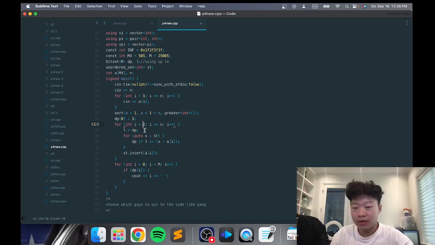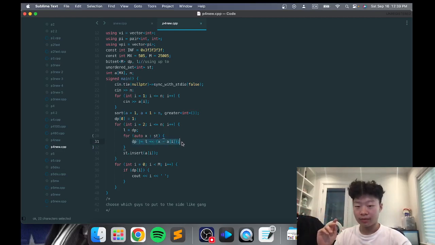Then we store the DP. For every distinct value we had before, we can move all of these values up by x minus a_i, which is the difference between the water line and him. That's the amount we can move up by.